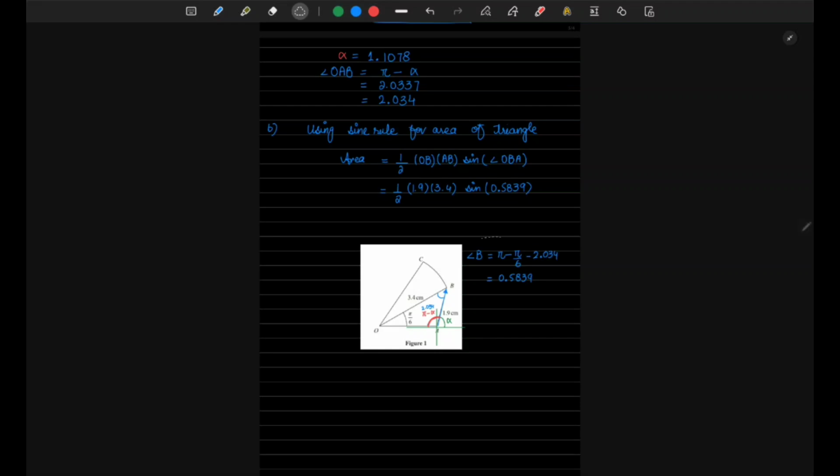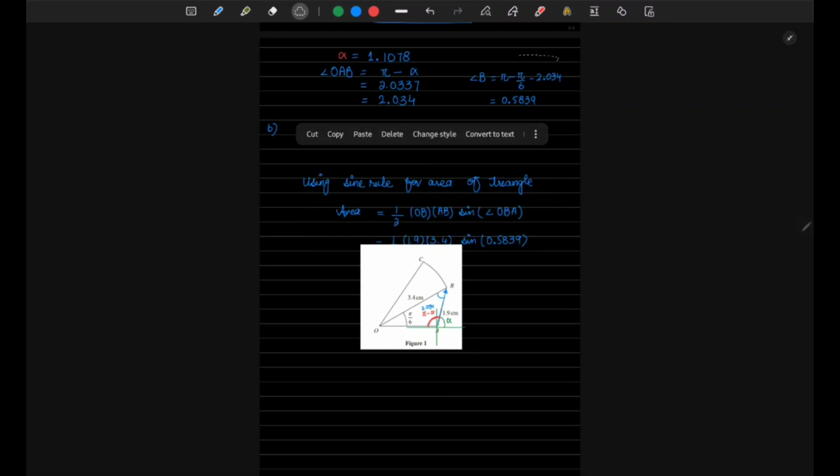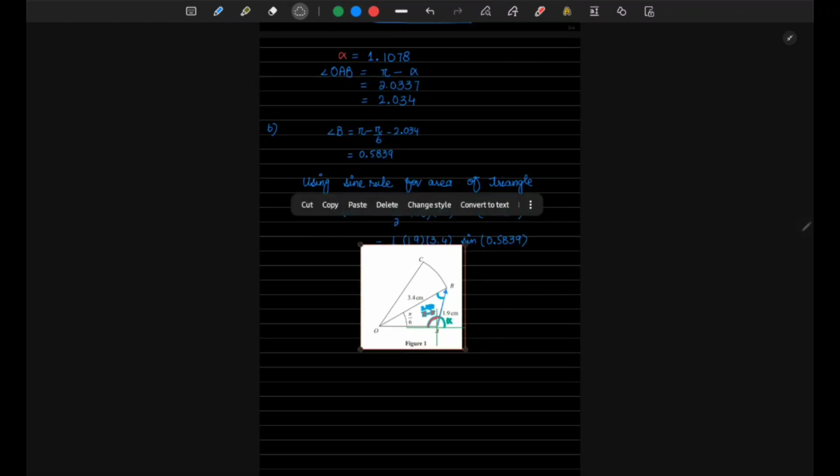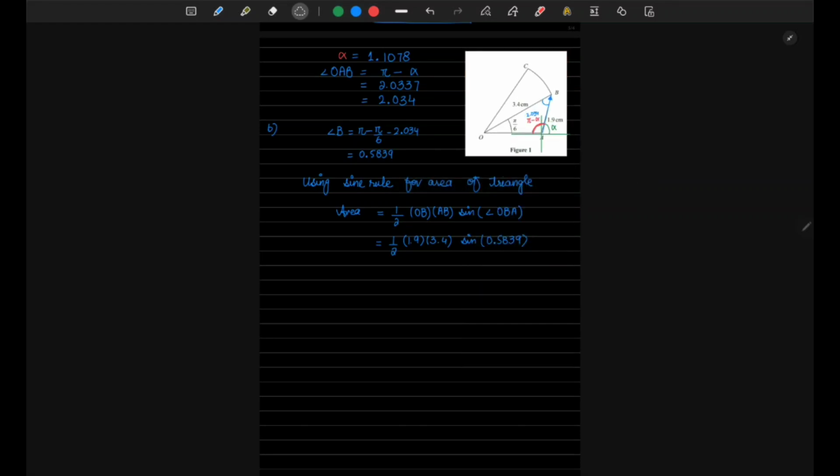So first we have found the angle B from here. So this is it, and then this one. So arranging it a bit, and yes, this is your... okay.